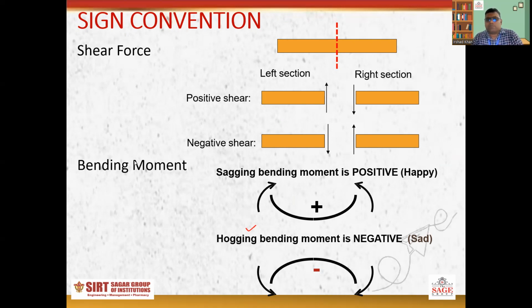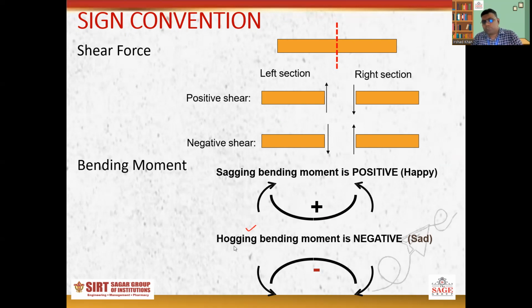The next is sign convention for bending moment: if the beam bends upward, making a happy face, it is said to be sagging bending moment, and it will be positive.